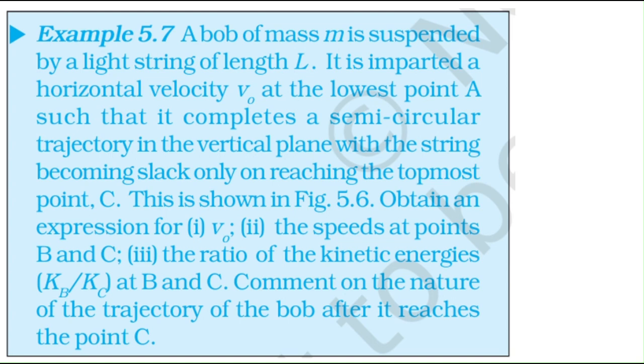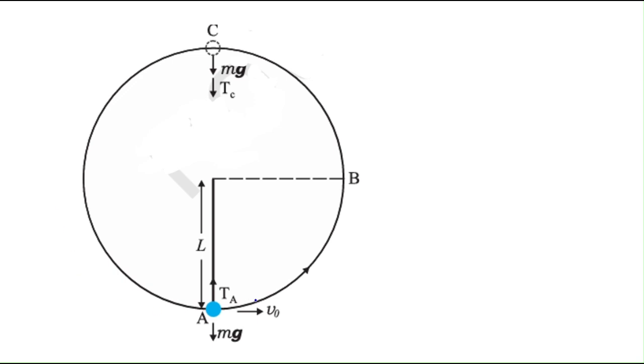This is the bob at its lowest point, point A, and a velocity of v naught is imparted here, and it continues on a semicircular path. It comes to C, and then the tension in the string becomes 0.